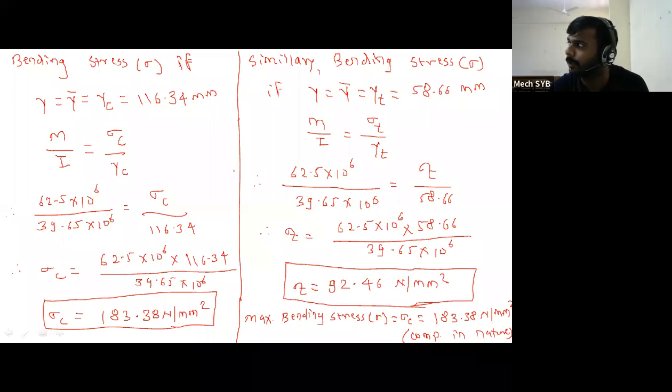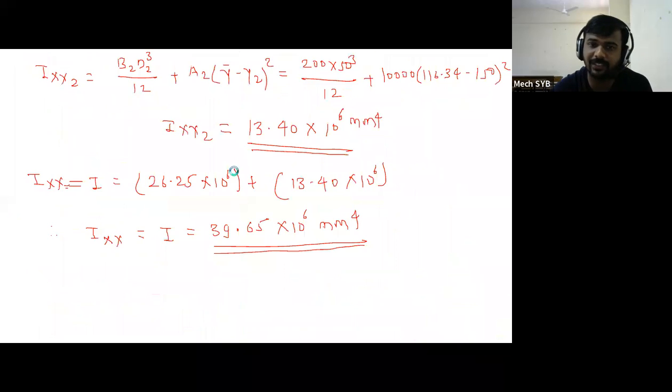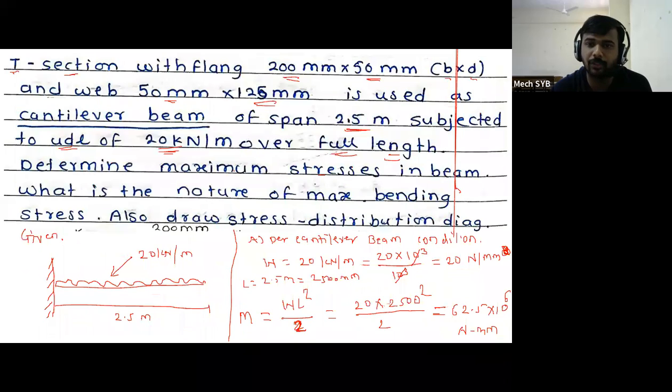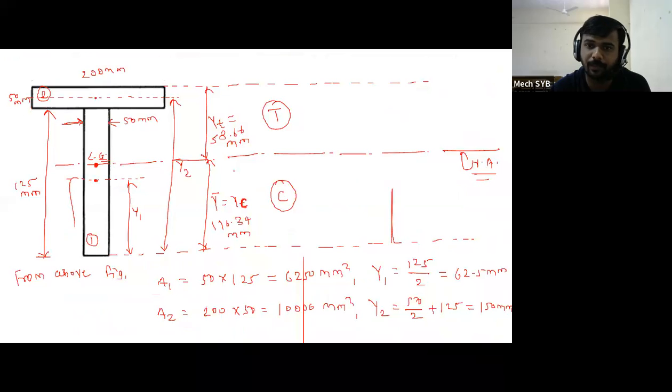Okay, so we have calculated maximum bending stress, we have decided their nature. Then what is the next task? Also draw the stress distribution diagram. For that purpose we have to use our original T section, and in front of that we have to draw the stress distribution diagram. For the stress distribution diagram, what is the first requirement?